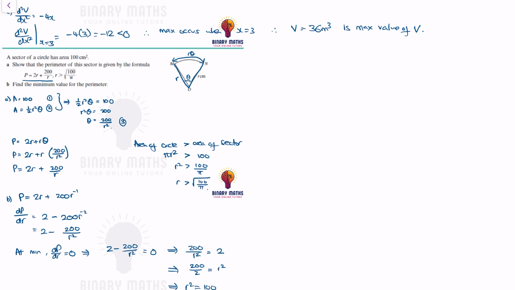And we have to take only the positive square root again because radius has to be positive.